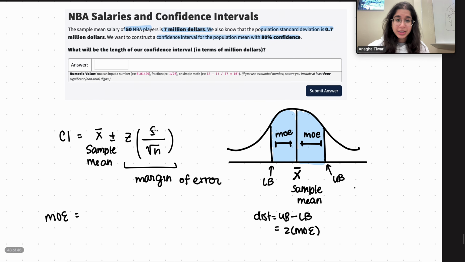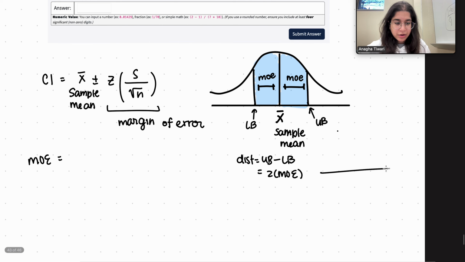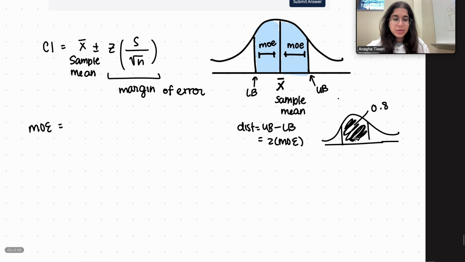And what is our Z? Well, we know we're dealing with an 80% confidence level. So if I were to draw out a bell curve here, I know the area in the center is going to be 80%, because that is my confidence level. So what is this upper Z score here?